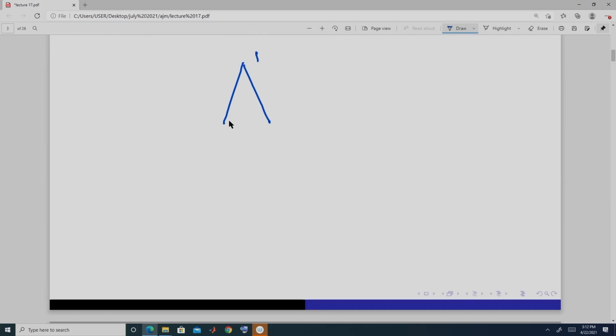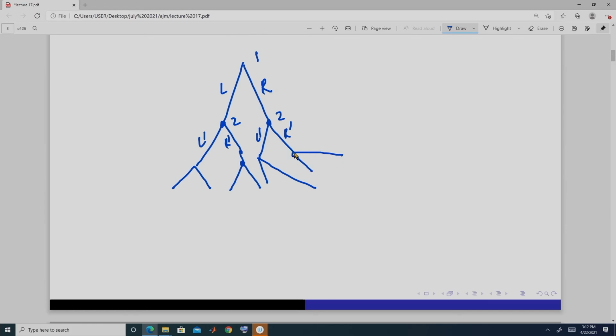This is player 1 with L, R, and this is player 2 with L dash, R dash, L dash, R dash, and then again player 3.